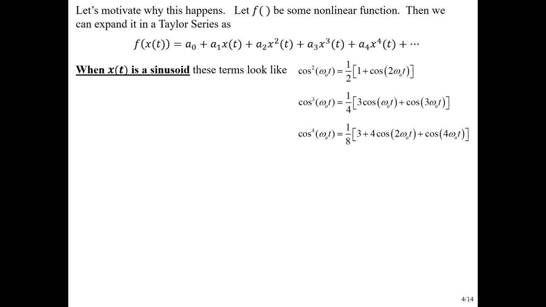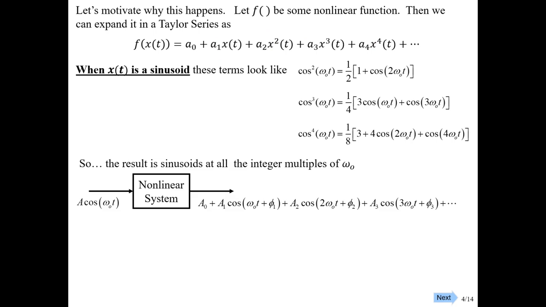But the bottom line is if we group all these together, we're going to have a bunch of DC terms together. We're going to have this thing together with that one. And we're going to have a doubling and those two combine. And there will be others down here as well that will be at 2 omega 0 t.